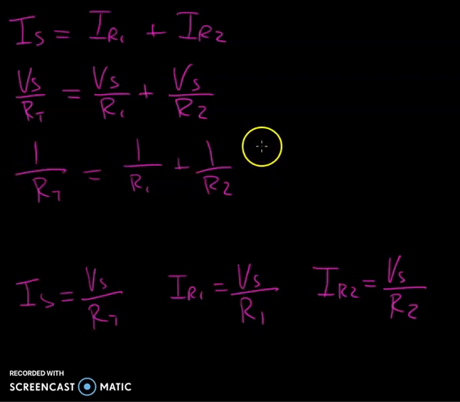That is the bit that makes sense. And to find out what RT is, once you've completed this part of the formula, you need to flip your fraction upside down.